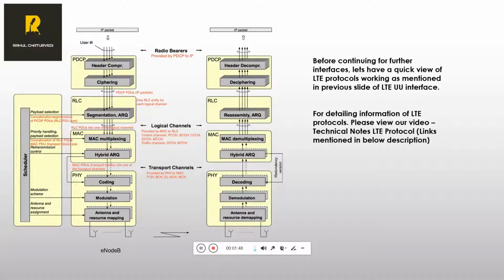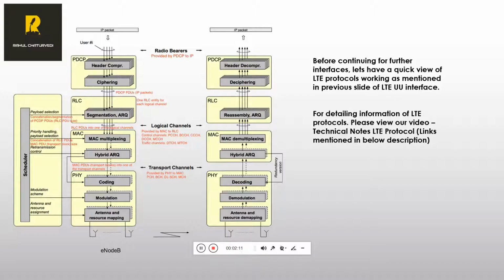On the left hand side, it gives you the overview of the protocols. In the PDCP layer we have header compression and ciphering, and integrity also for the control plane. In RLC, we have segmentation and ARQ.